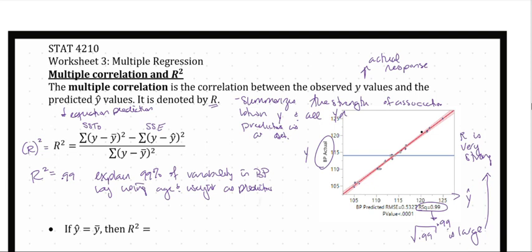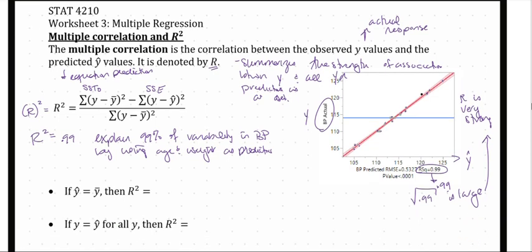So let's think about this a different way. If my predicted values from my regression equation are exactly equal to the grand mean, y bar, that flat line, then my R squared is going to be 0. My regression equation is useless.